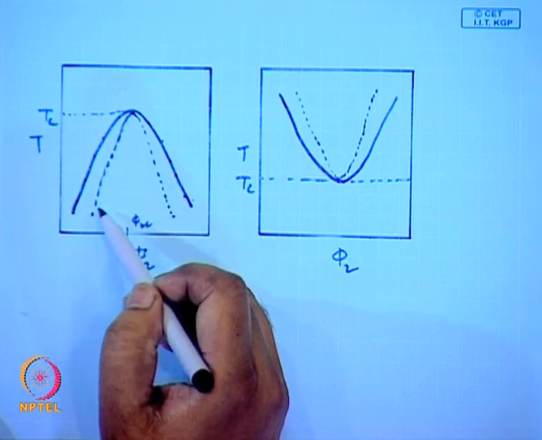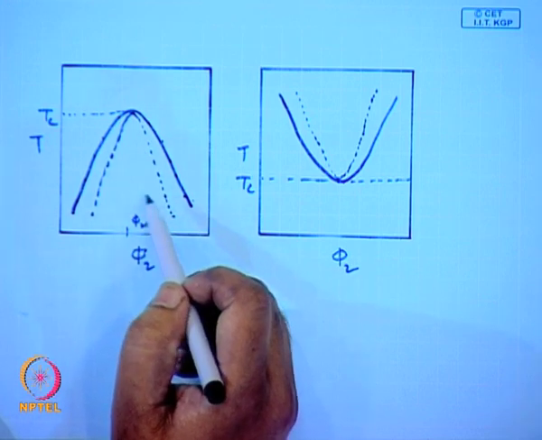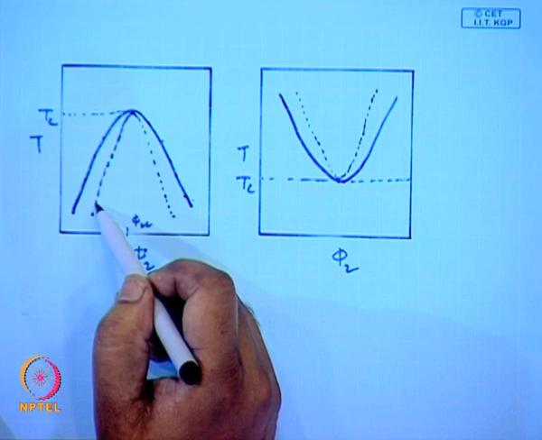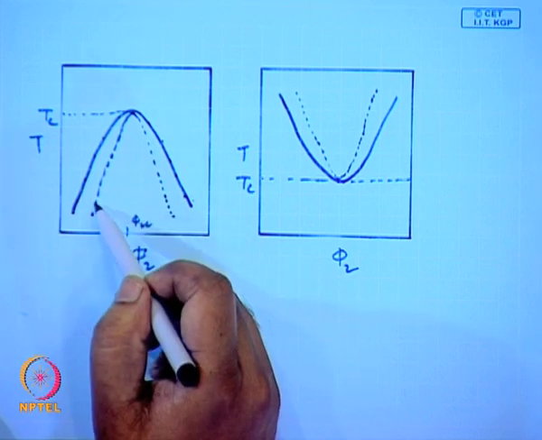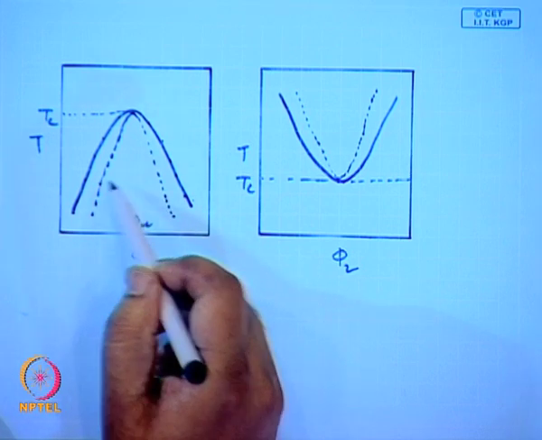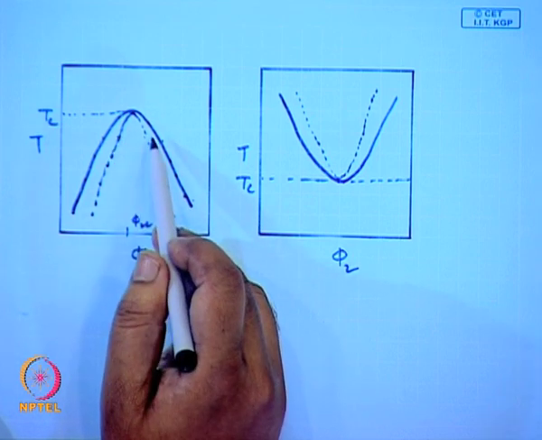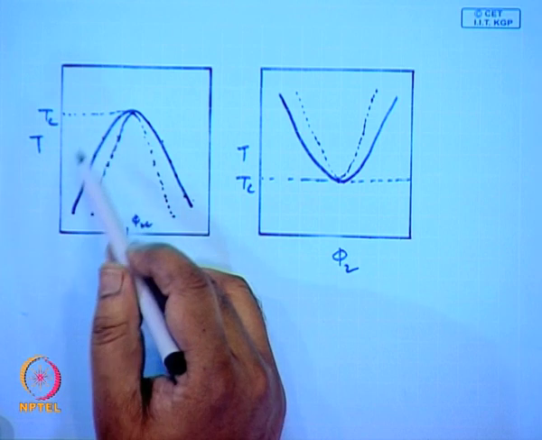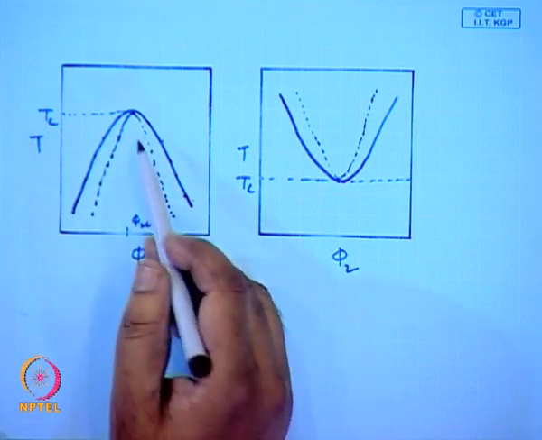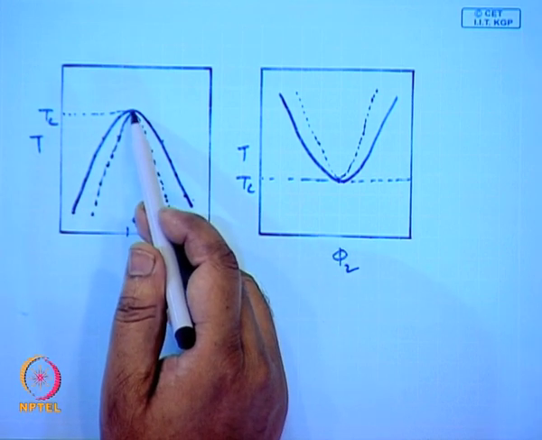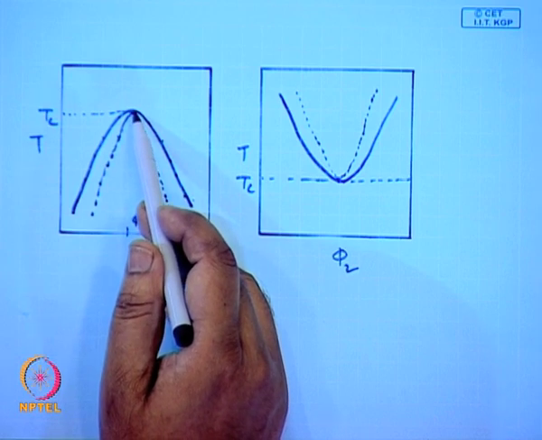Similarly, this line is the locus for the spinodal points, okay. These are the different points for different temperature, and at some point they converge.